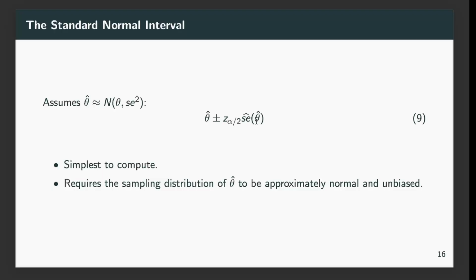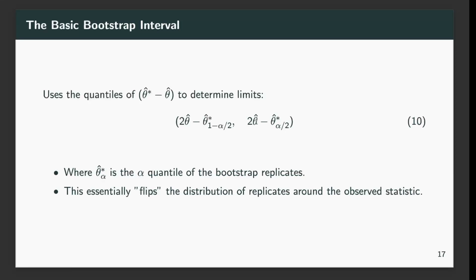The second one is the basic Bootstrap interval. The interval is given by 2 times theta hat minus the theta hat star quantile at 1 minus alpha divided by 2, up to 2 times theta hat minus the theta hat star quantile at alpha divided by 2.